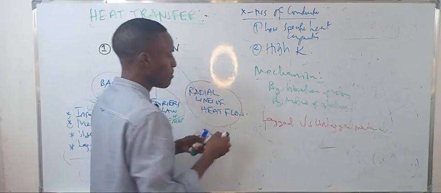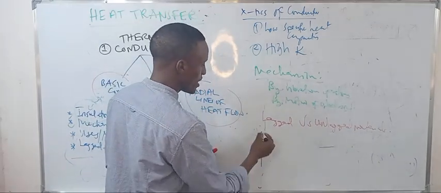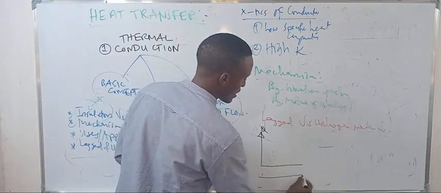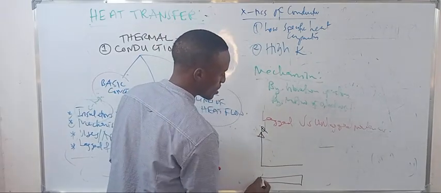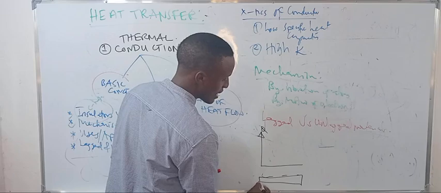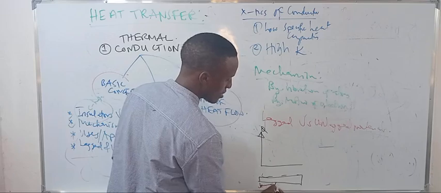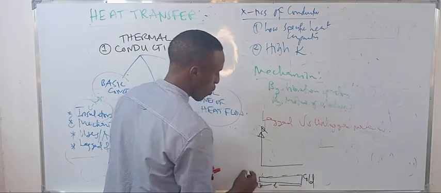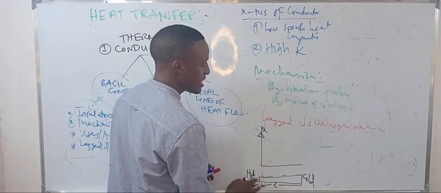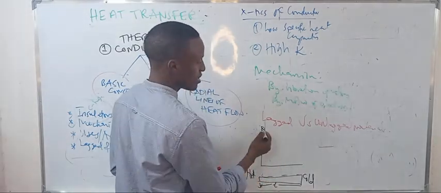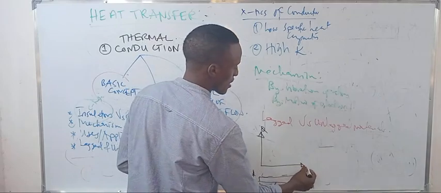So we speak about the lagged material, its temperature against its length. If this is the lagged material covered with insulators, this is the length from the hot end to the cold end. As the heat covers the distance, this is the temperature and this is the length.